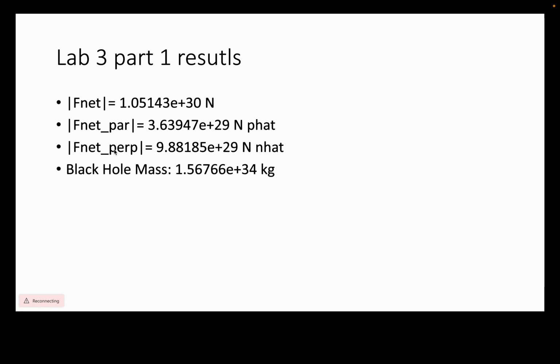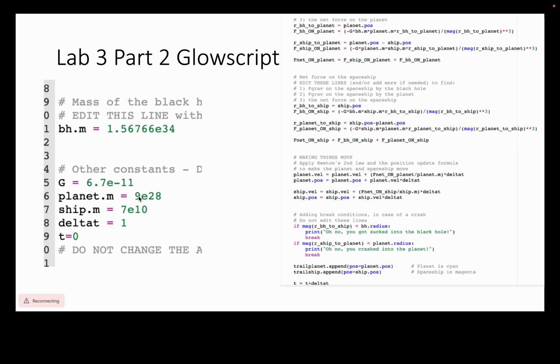And then using the mass here in part 2, we are solving for the ship's velocity. First we have to start with finding each of the forces using the gravitational force equation. From there, we can plug the force into the velocity and position update formula. Then we can find the new velocity and the new position for each of the planet velocity and the ship velocity.